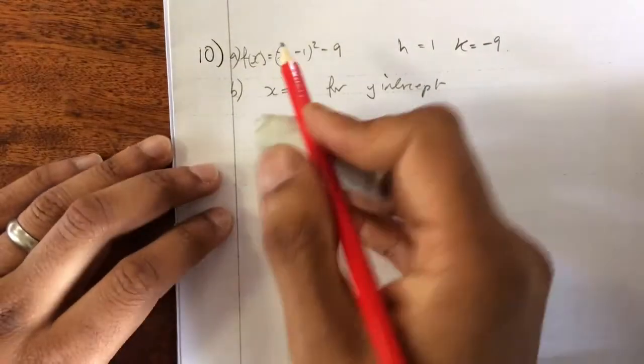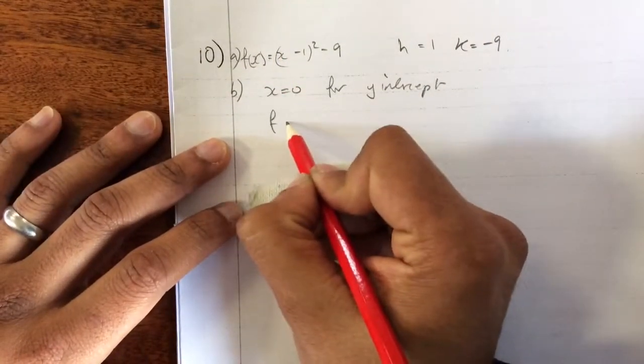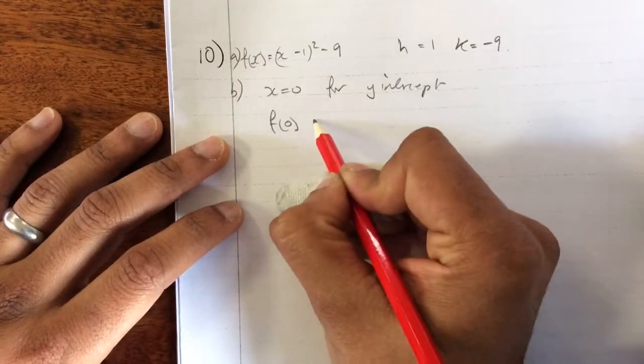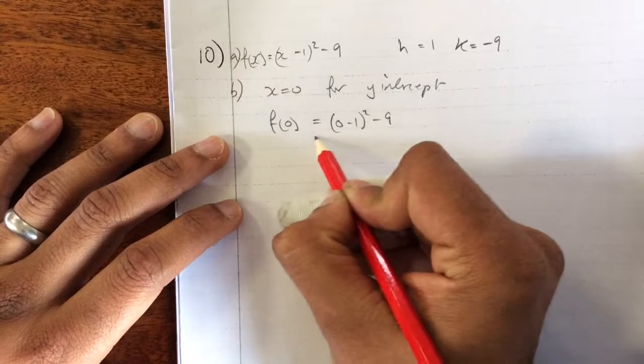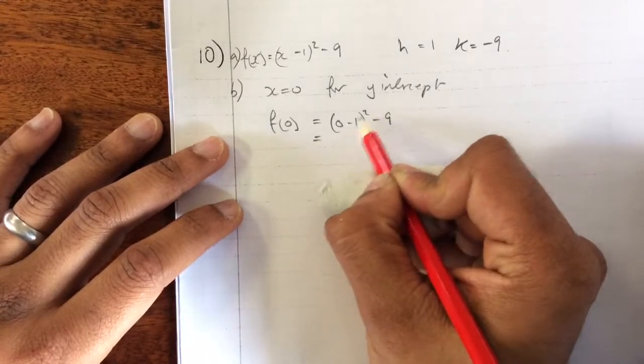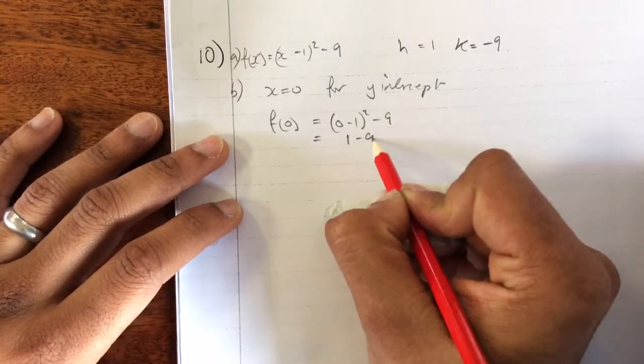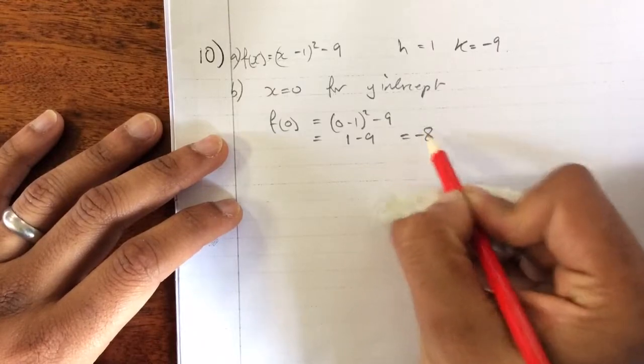And they've already got that in this, 0, c. So put that into our equation, and we're going to write this formally as f(0) equals (0 minus 1) all squared minus 9 equals negative 1 squared, which is 1, minus 9 equals negative 8.